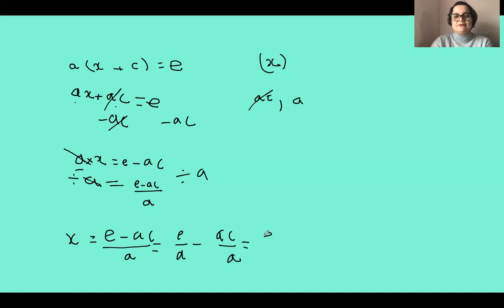Equals e over a minus c, because we can cancel both a's out. So the final answer is going to be x equals e over a minus c, just like that.